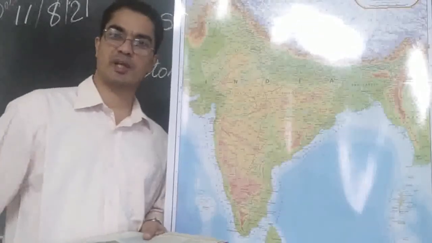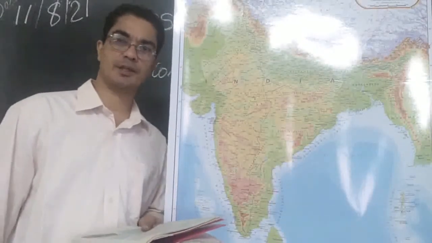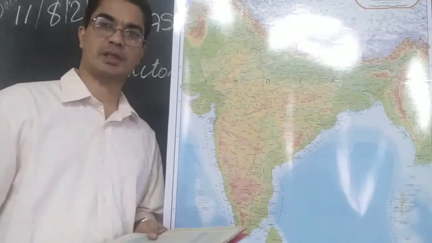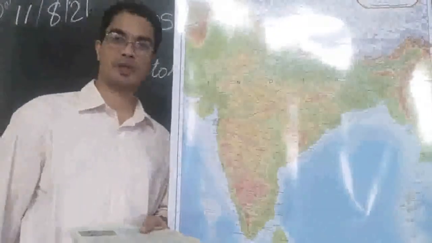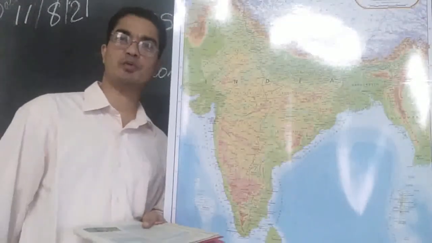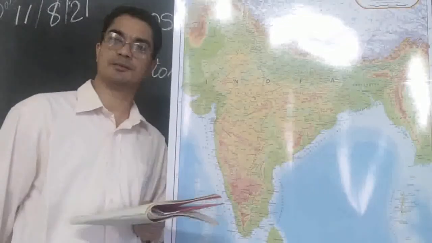Why is it going to the equatorial area? Because in the equatorial region there is a low pressure. It is coming from the high pressure area and it is moving to the low pressure area. So always air will be moving from high pressure area to the low pressure area.